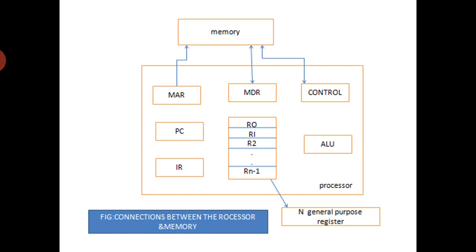It is not mandatory that the operand must be stored in the memory. They could also be in the general purpose registers, meaning within the processor. So the operands may be stored either in the memory or in a general purpose register.